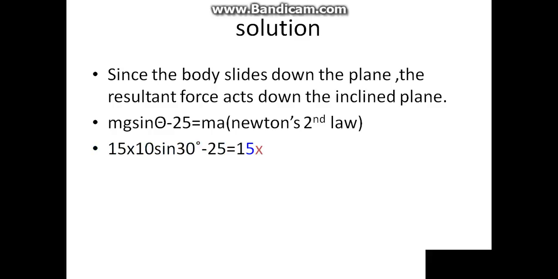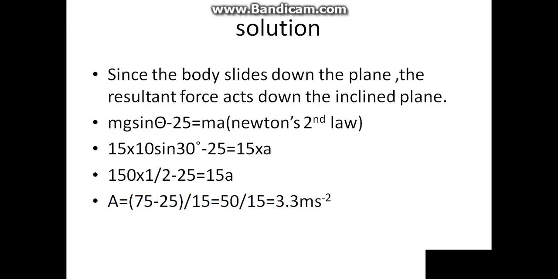15, the mass, times 10, the acceleration due to gravity, times sin 30 degrees of the inclined plane, minus 25, is equal to mass, which is 15, times A. 150 times 1 over 2 minus 25 is equal to 15A.